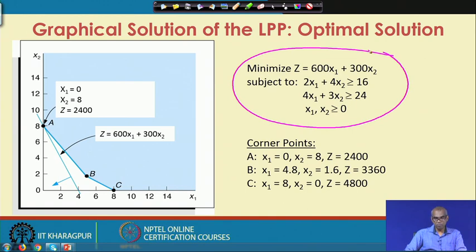We have solved this problem, and we have seen that corner point A is the optimal solution.